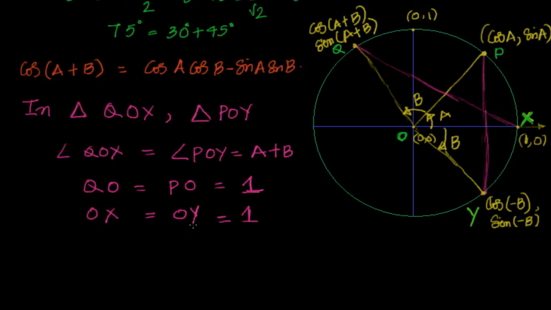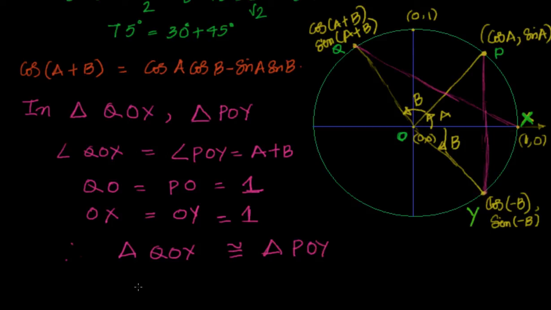So we know that these two triangles are congruent now because we know that the two angles are equal and the sides which are including this angle are also equal in both the triangles. That means I know that these two triangles are congruent to each other. Therefore, triangle QOX is congruent to triangle POY.